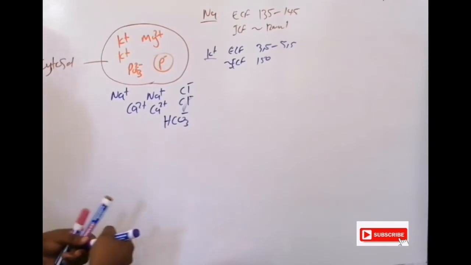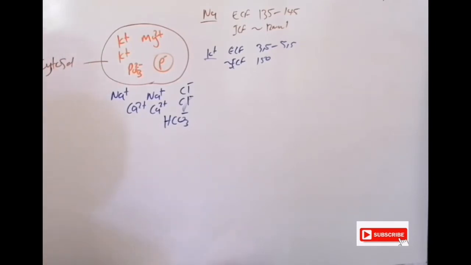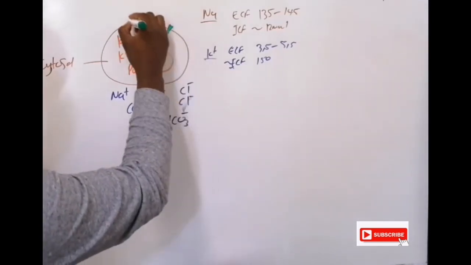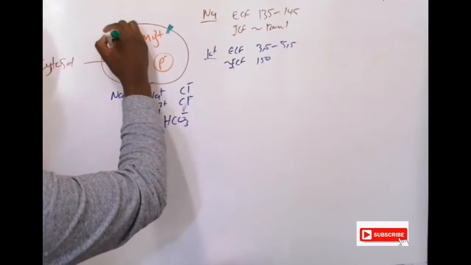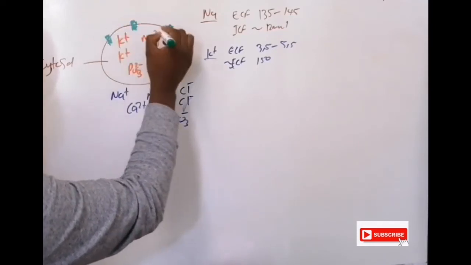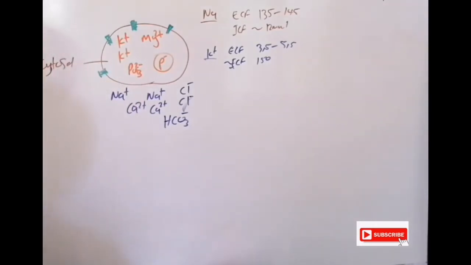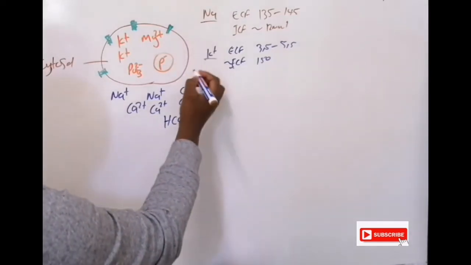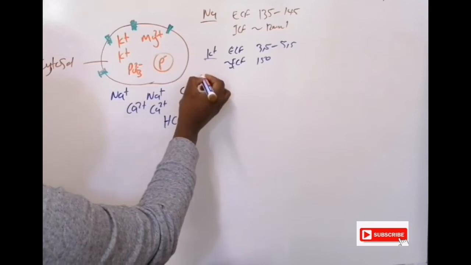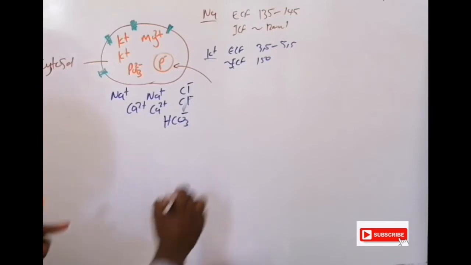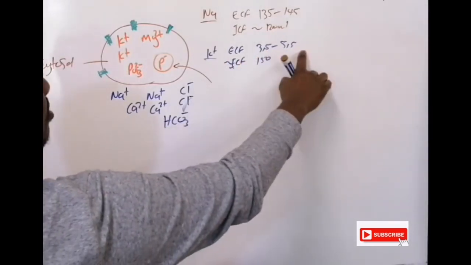There is what is called a sodium potassium pump. The sodium potassium pump is a channel. It makes sure that it pumps potassium inside the cell to make sure that potassium outside the cell remains in this concentration.